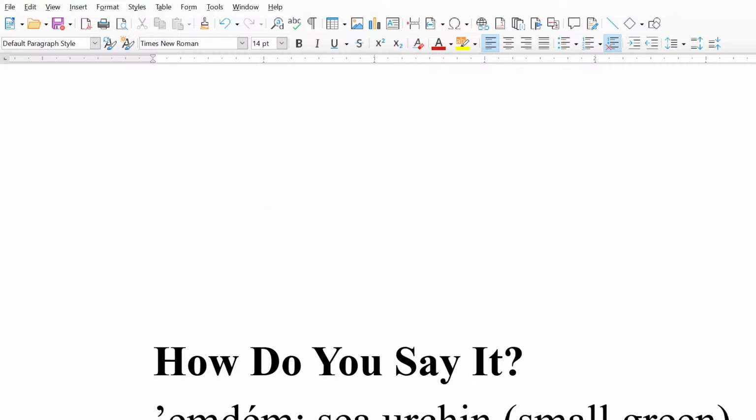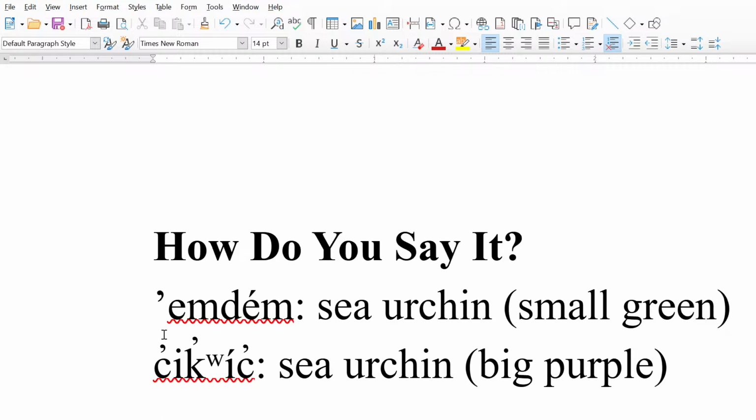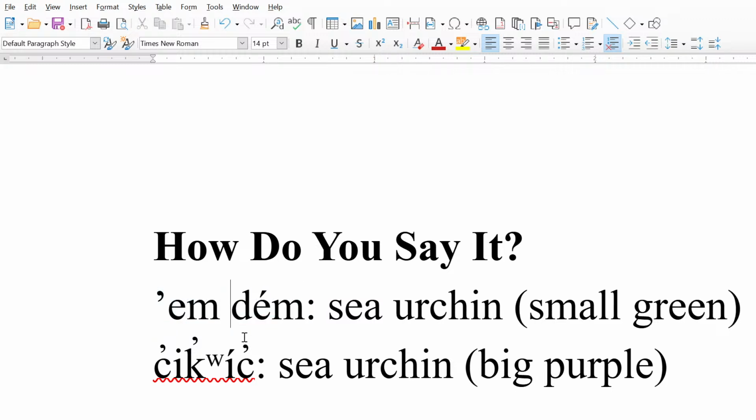Now I'm going to go to the next part. So the first word is dum. So if you think about what I just said about the accent marks, there's two syllables here.